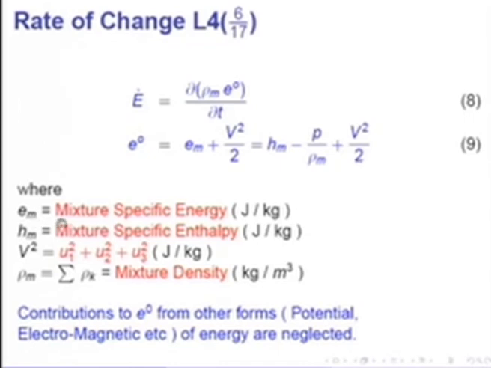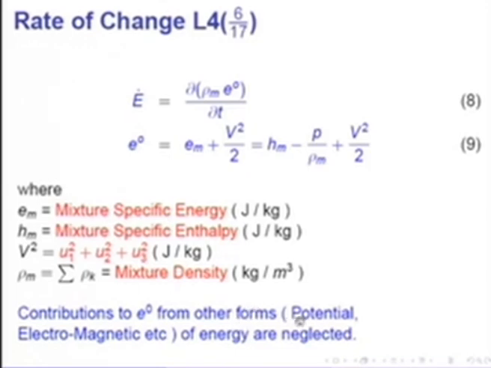So, E m is mixture specific energy, H m is mixture specific enthalpy, V squared is the kinetic energy, sum of U1 square, U2 square and U3 square, and rho m, as we saw before, is sigma rho k, the mixture density.